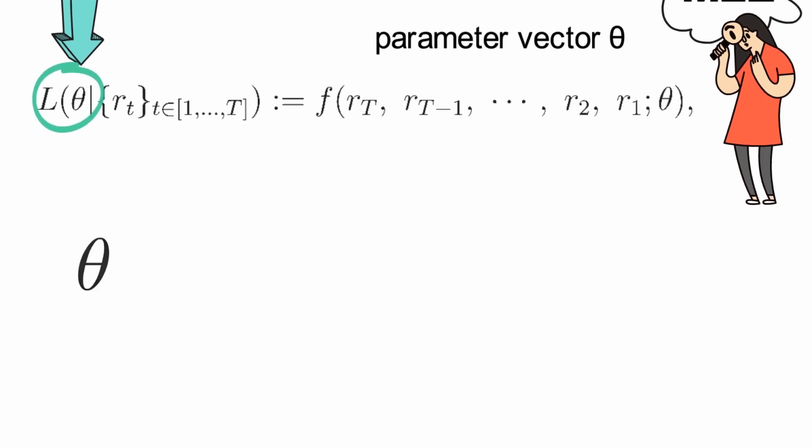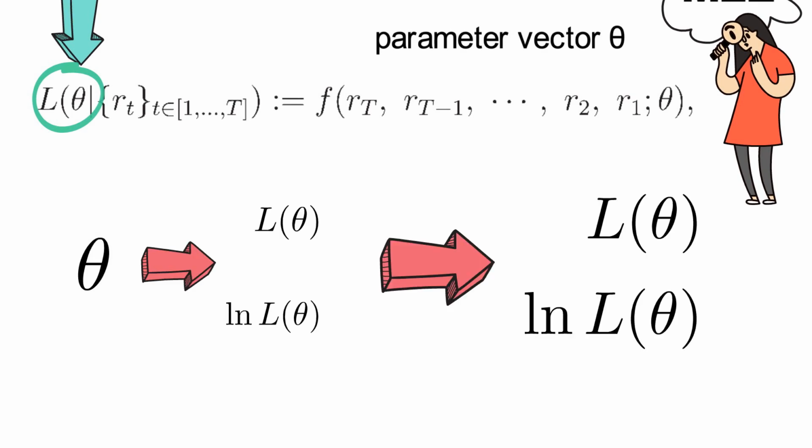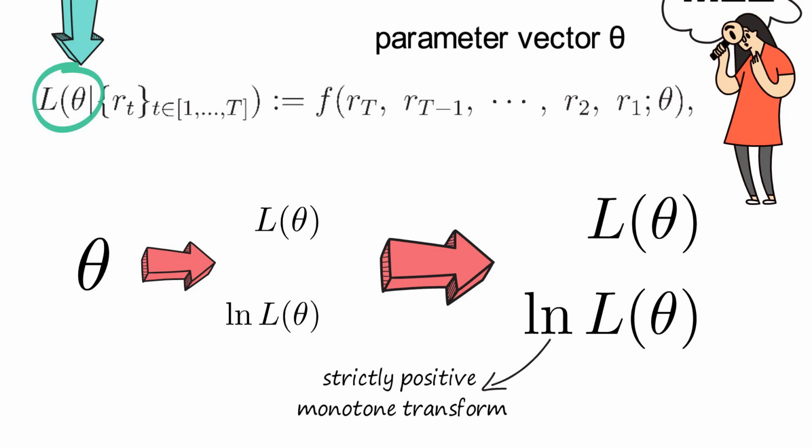The value of theta that maximizes L of theta also maximizes the log of L of theta, because the log function is a strictly positive monotone transform. Numerically, optimizing the log likelihood results in a more stable routine.